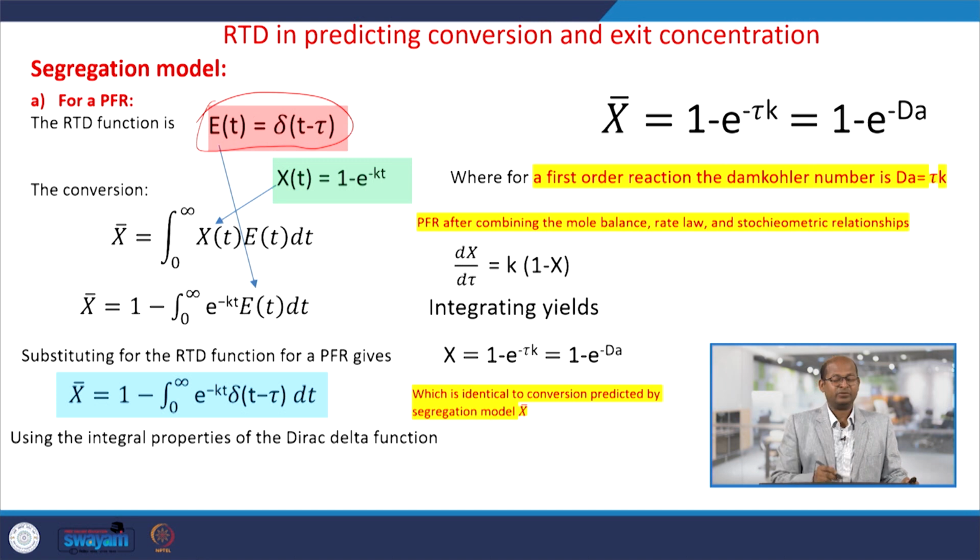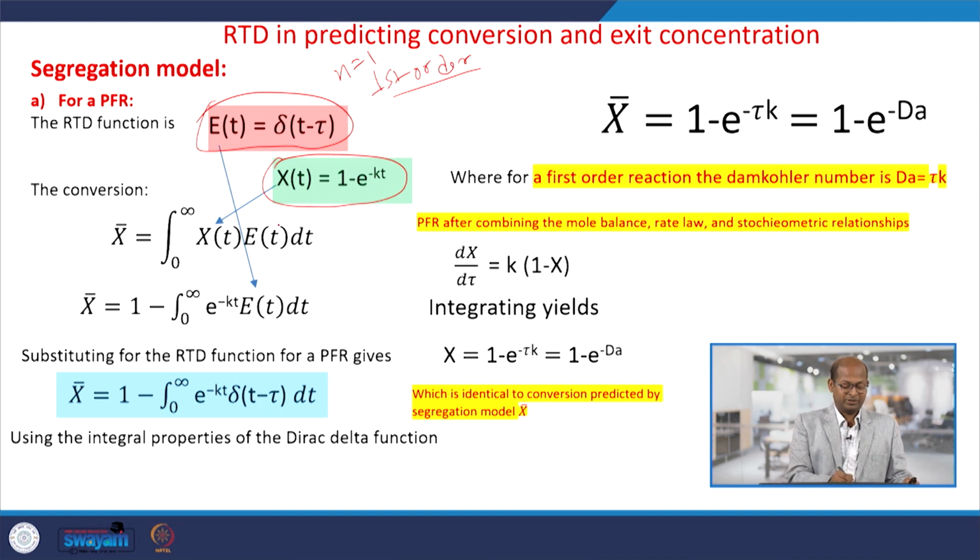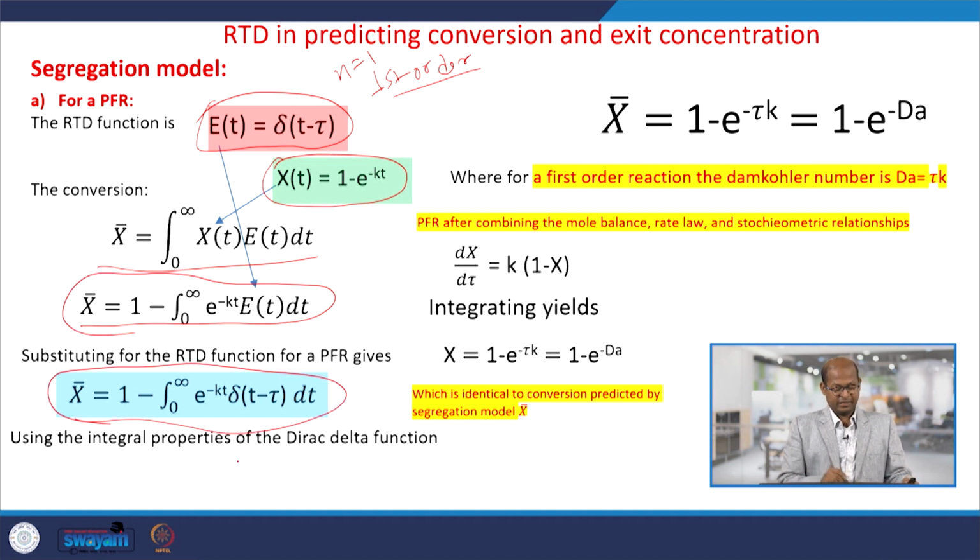So, therefore, E(t) we can consider this, and here we are considering the reaction to be first order, n equals 1, that is the first order reaction. Okay. So, then E(t) equals delta(t minus tau) and X(t) equals 1 minus e to the power minus kt, both we are substituting in these equations. Okay. So, then after substitution we can get this.